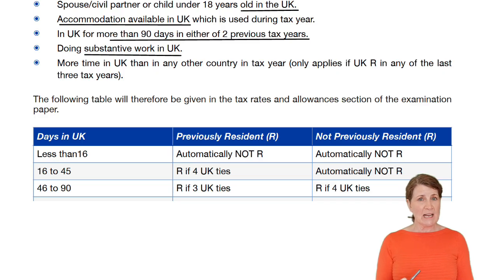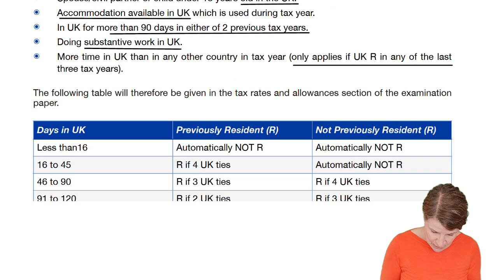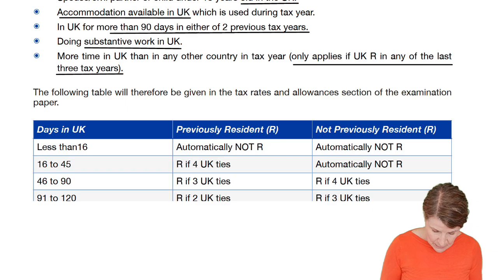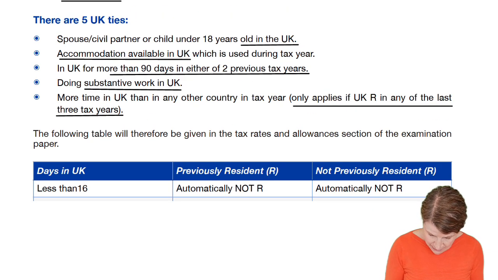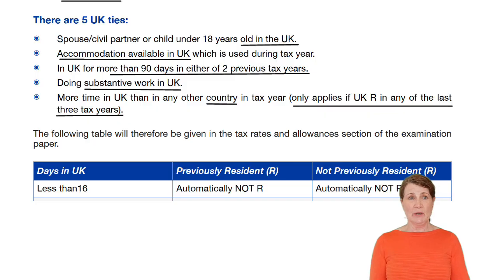Now, the 5th tie only applies if you were UK resident in any of the 3 previous tax years. So UK resident in any of the 3 previous tax years, you've got something called the country tie. And that means that you were present in the UK for more days during the tax year than in any other country.